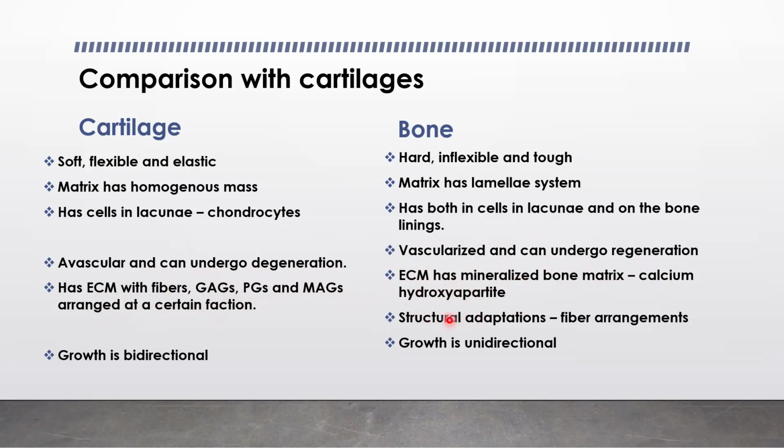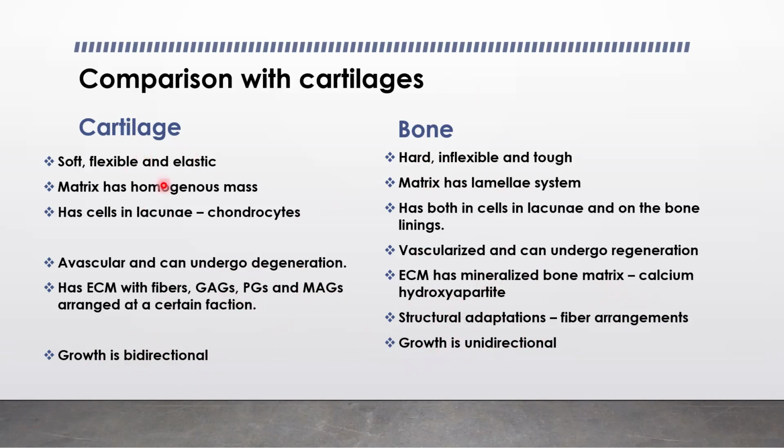The extracellular matrix has structural adaptations, the fiber arrangements, especially in the cancellous bones. The cancellous bones have projections towards one another, unlike cartilages, where this is not present. Cartilages grow bidirectionally, and then bones grow unidirectionally.